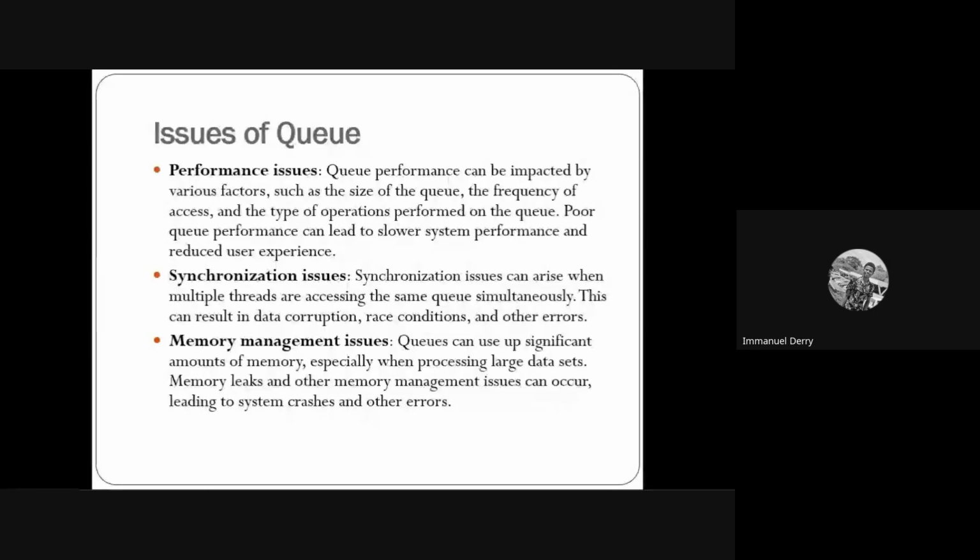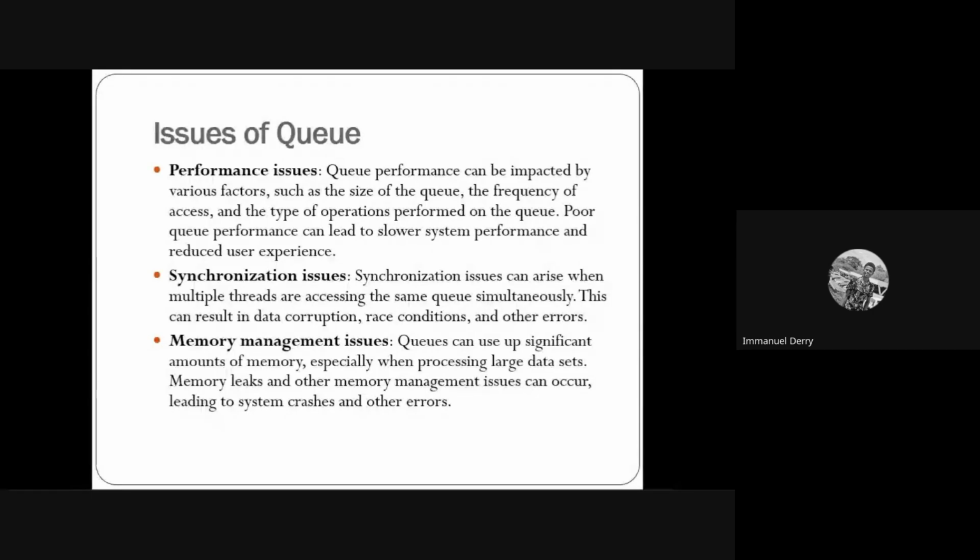Mind you, the ones we showed you earlier, the enqueue, the queue is full, and the rest are just the basic operations that we can perform on the queue. But you might want to define some other operations to perform on your queues, and that can lead to slow system performance and reduce the user experience as well.